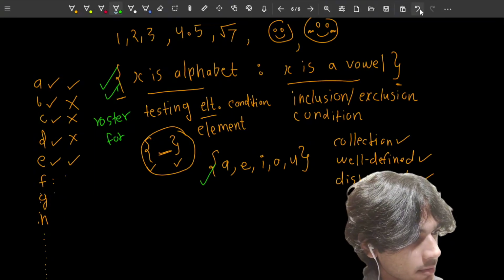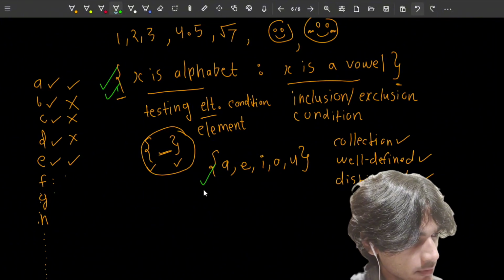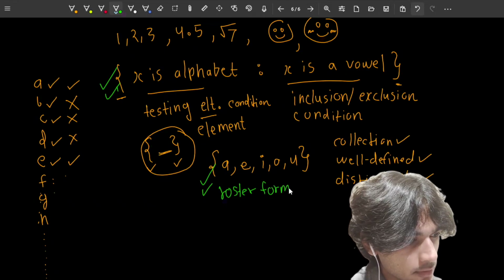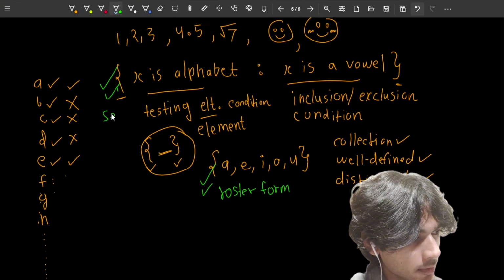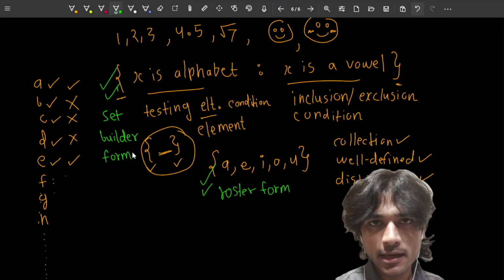Let me go back. Okay, this one is called roster form, and this one is called set builder form. So these are two ways to write a set.